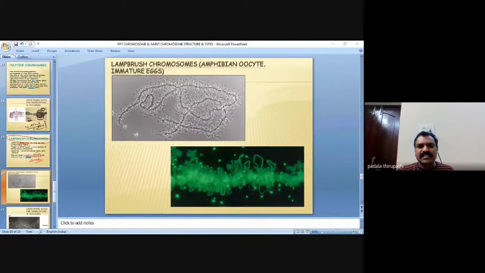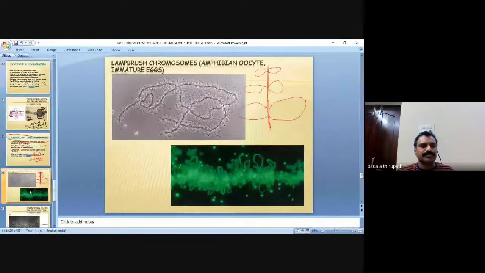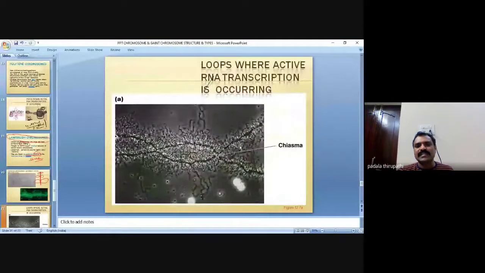This image is observed in ultrastructure, in the electron microscope. This picture is about the lampbrush chromosome. These are the loops, and this is the chiasma.